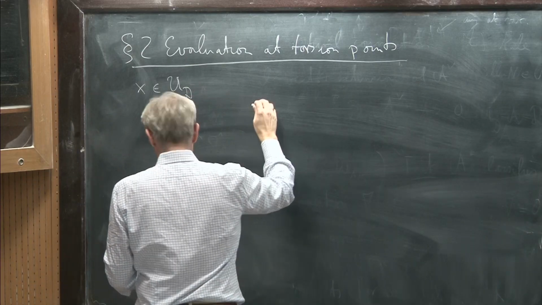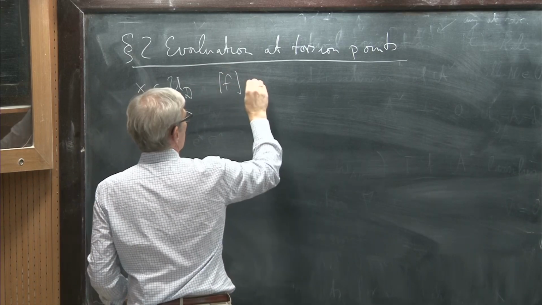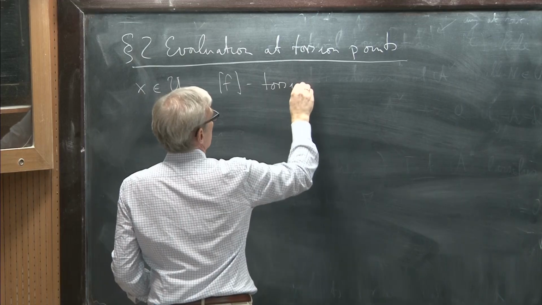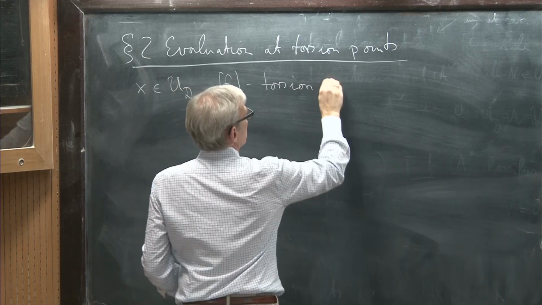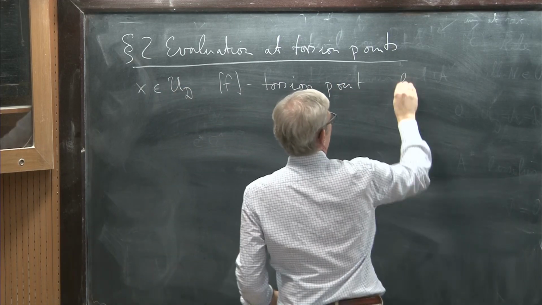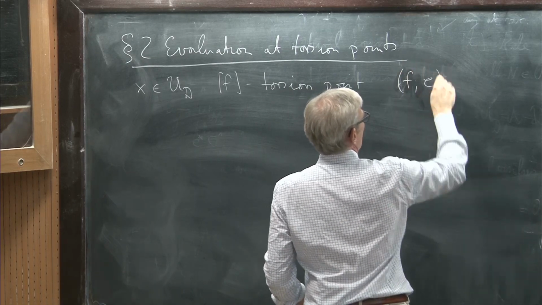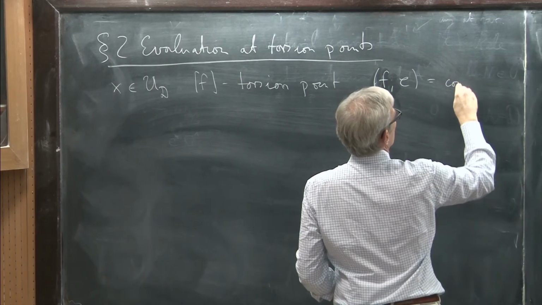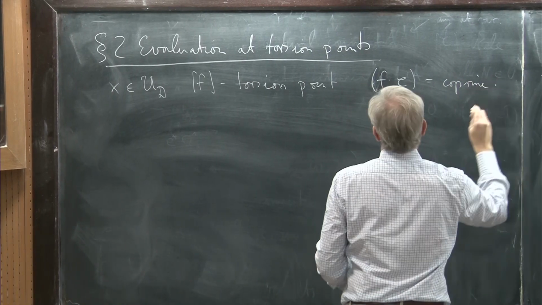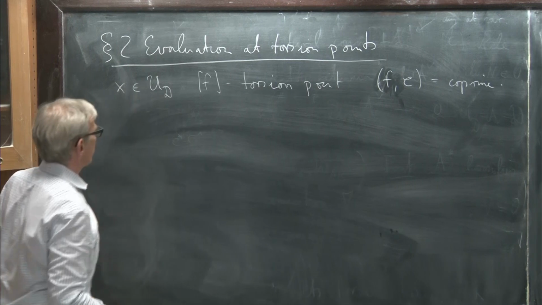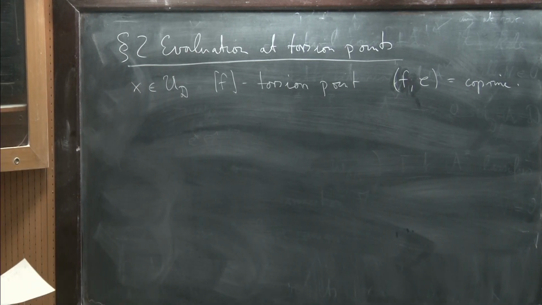This should be an F torsion point. This F and this C, they should be somehow co-prime, whatever that means for isogenies, but later they will be given really by ideals in OL.